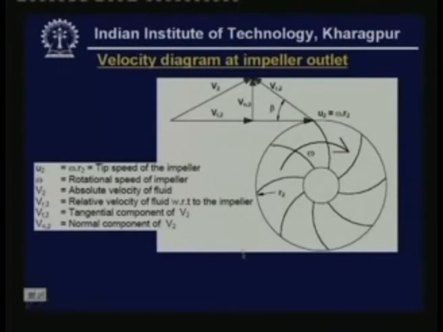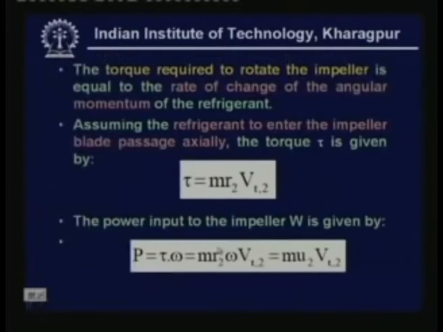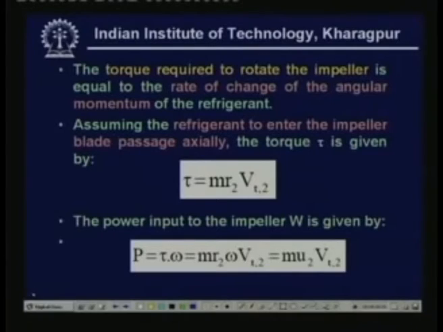Now how do we use this velocity diagram to find the torque, and from that how do we find the power input? The torque required, as you know, is equal to the rate of change of angular momentum of the refrigerant. This is the definition of the torque, and assuming the refrigerant to enter the impeller blade passage axially, that means it does not have any tangential component at the inlet, the torque tau is given by this expression, where m is the mass flow rate, r2 is the radius of the impeller, and Vt2 is the tangential velocity of the refrigerant.